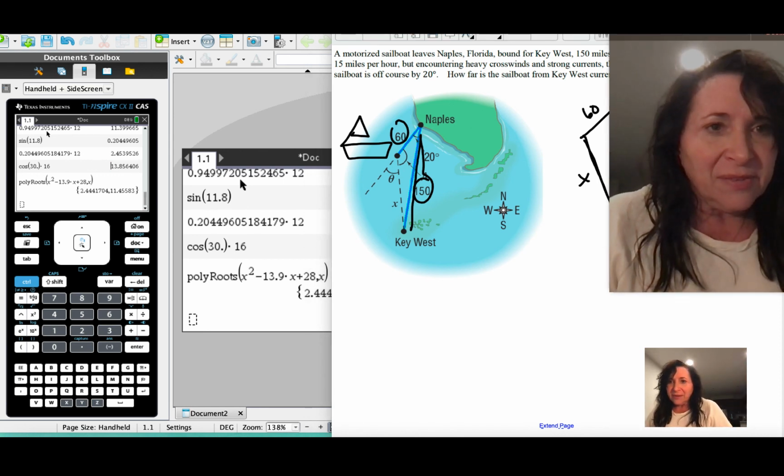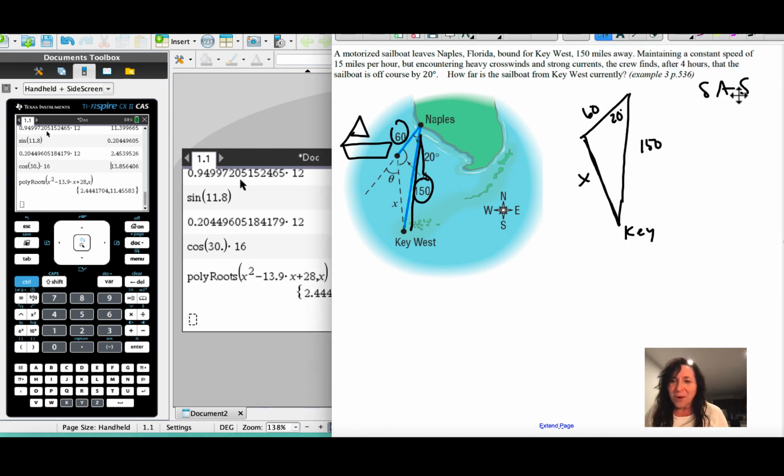Oh, goodness. Okay. So what we're going to do is we're going to go X. Remember, when you're using the law of cosines, these have to match up. And so this is going to be X squared. And then way over here will be cosine of 20 degrees. And then what's in the middle is the sides.